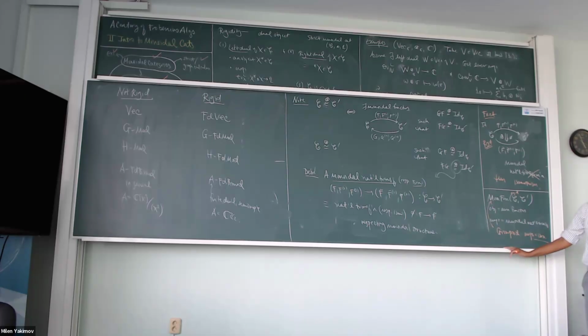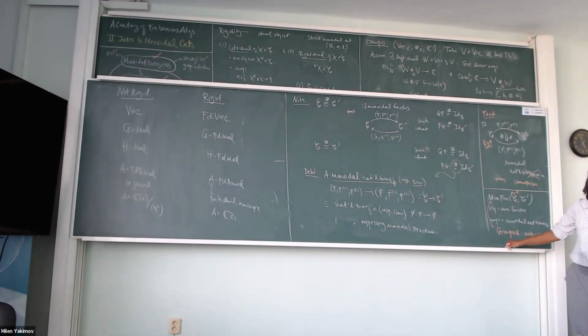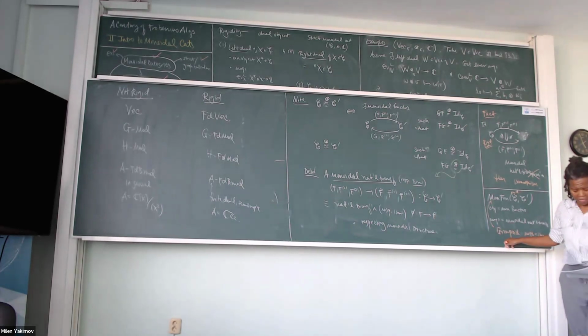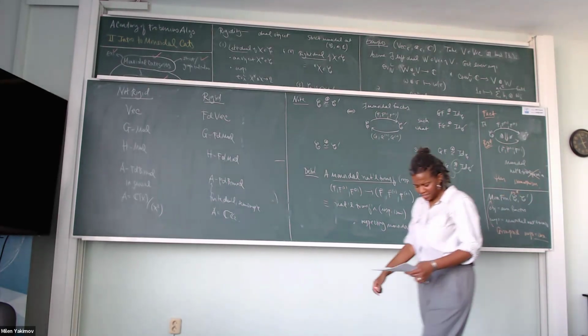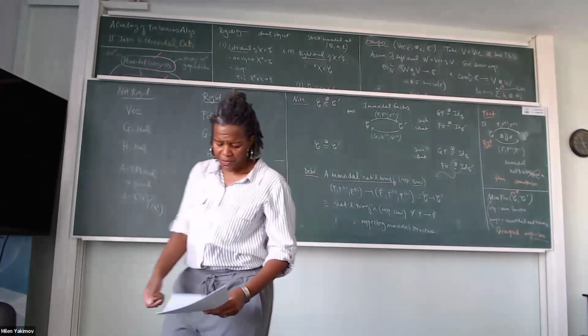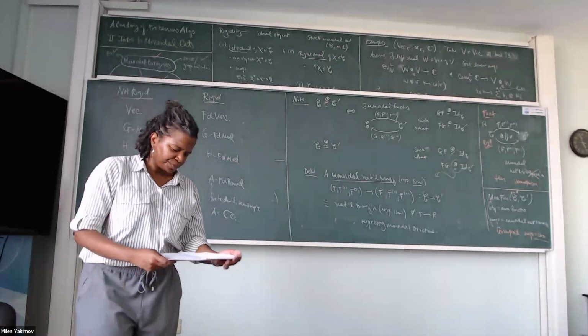Isn't that a consequence of the theorem that you stated, that strong monoidal functors always map duals to duals? Yeah, I think everything follows from that. Strong monoidal functors send duals to duals. Everything follows from that, which is just by checking the sequence.